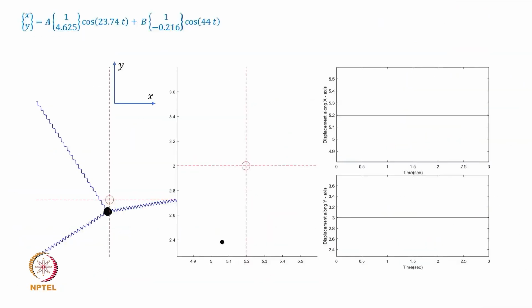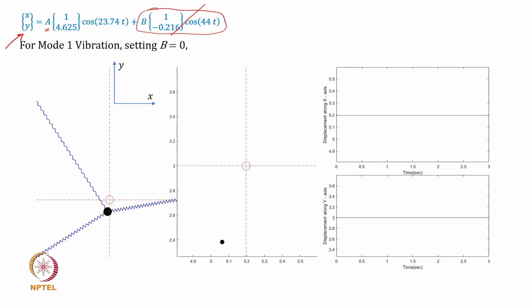Let's do this. I am reproducing the previous expression here, and I know that if I want only mode 1 vibration, then the contribution from the second mode, which is this term, has to be 0, and therefore I set b equal to 0.